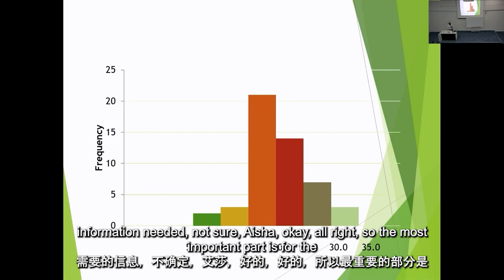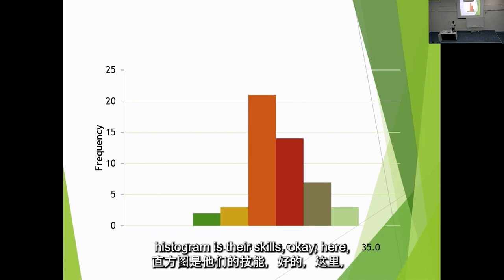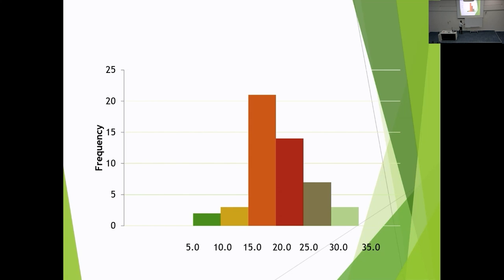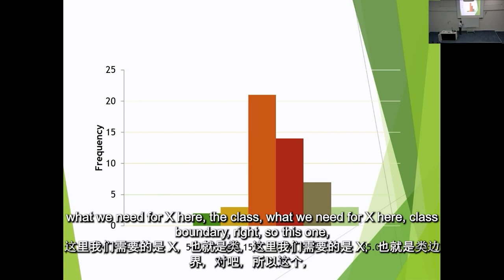Okay. So the most important part of the histogram is the scales. What do we need for X here?